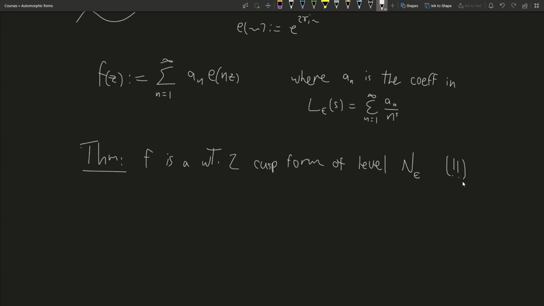In fact, it is a newform, and in fact, it is a Hecke eigenform. Wow. So this is why we care about these things, because this is a great source of examples of holomorphic modular forms. People really care about elliptic curves, and so they care about the modular forms associated with them.